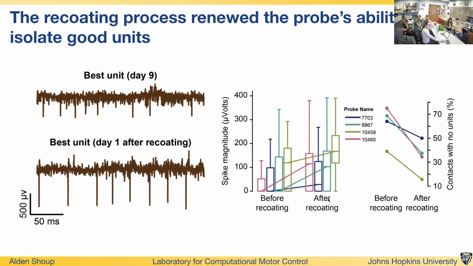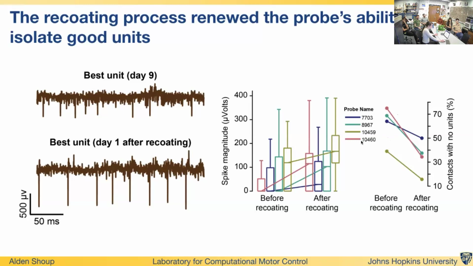And so we did this for 4 probes and we got a 57.4 microvolt increase in average spike magnitude. So on all 64 channels, your average spike magnitude went up. And in addition to that, we got a 27% decrease in the number of contacts with no units. And so we were able to just generally isolate more units on the probe.